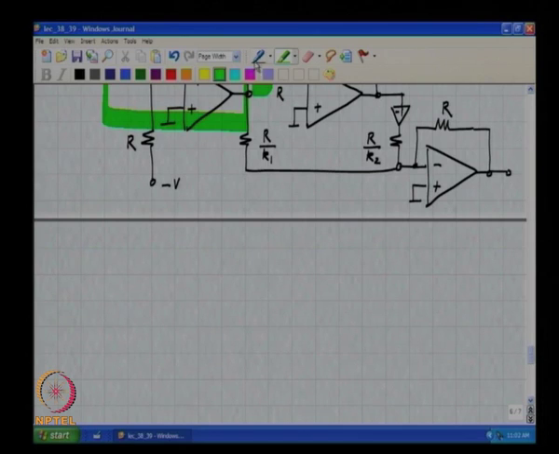In other words, what I am saying is that you should think about it from a block diagram viewpoint like this.